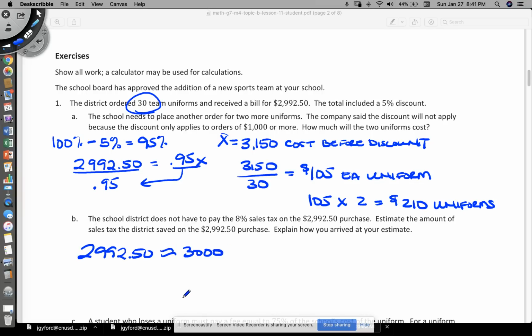We're just going to round that up to a nice whole number. Now, since they got 8% off, we're going to change that to a decimal. So remember 8%, move 2 decimal places to the left. So it's 0.08. So we're going to say 3,000 times 0.08, and that's going to give me $240. So that's how much they saved in sales tax. All right. Now I'll go ahead and scroll this down.